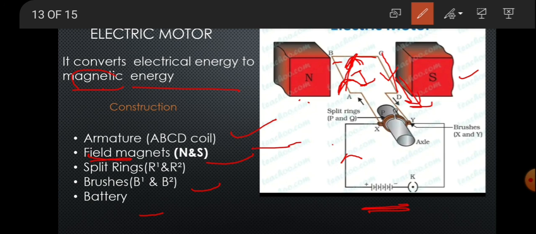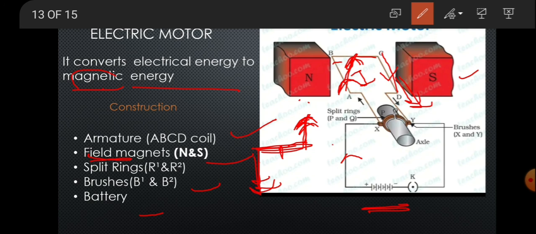If two equal and opposite forces exist, we say a couple of forces exists. So the body rotates. The ABCD coil rotates due to these two equal and opposite forces.